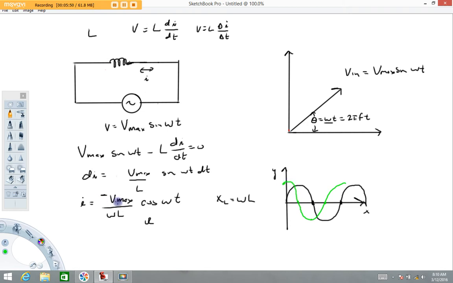This is minus cosine, so minus cosine would flip that upside down. So it goes through here, and it's a 0 here, and it's a maximum here. Max, 0. Okay, so minus cosine x.